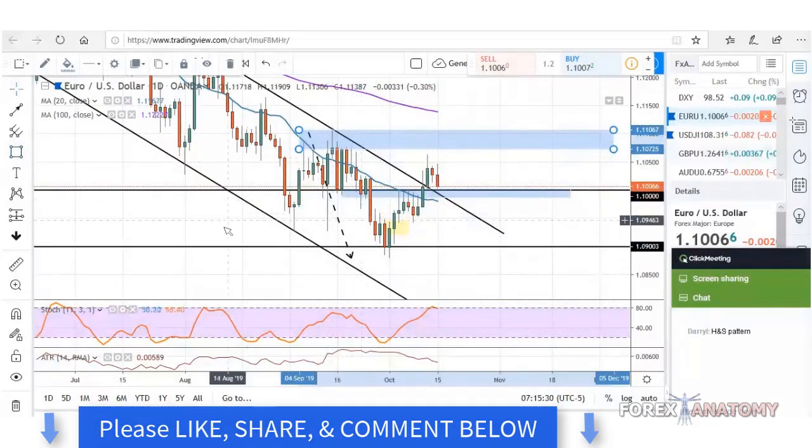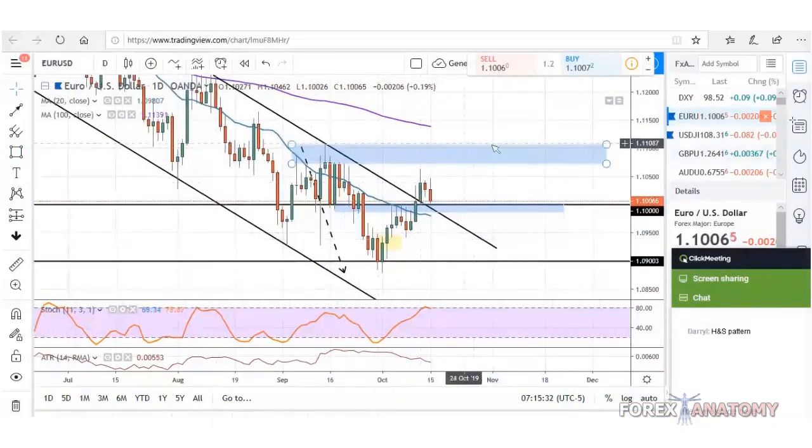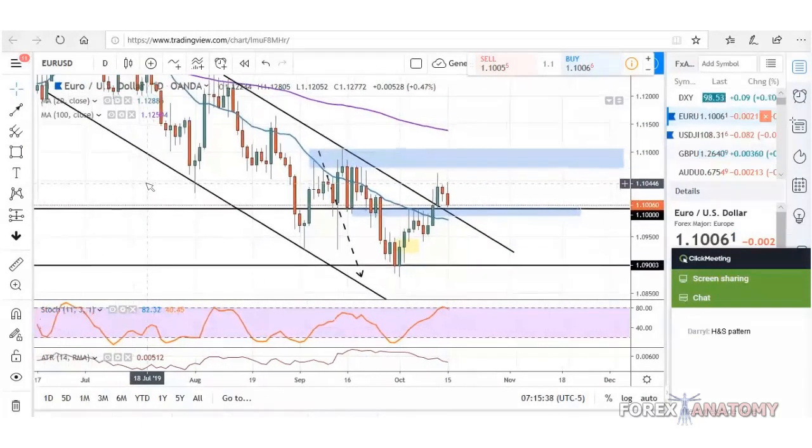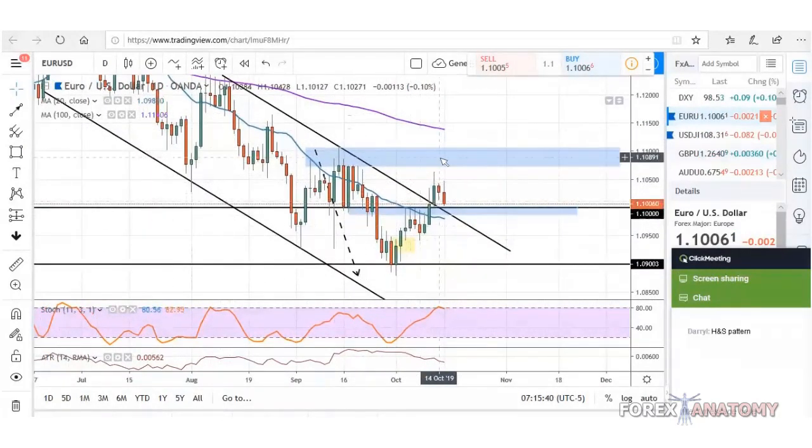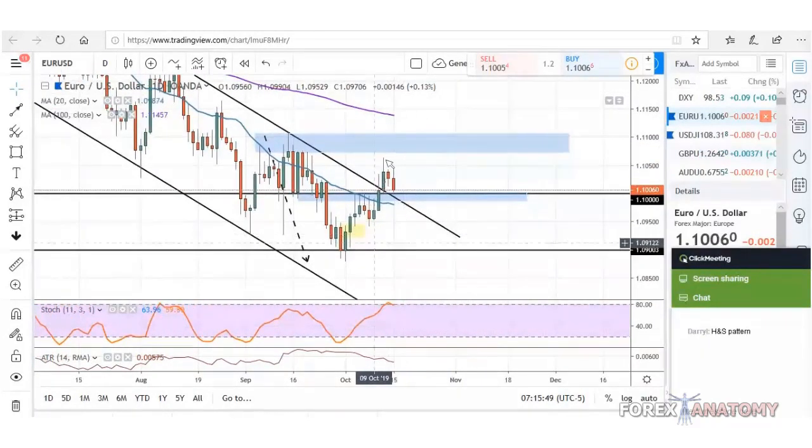As long as price is inside this zone or below this zone, then there's still an opportunity for this trend to slide lower on the daily. So we could still see price slide lower.